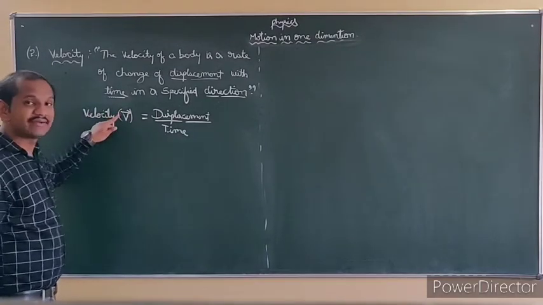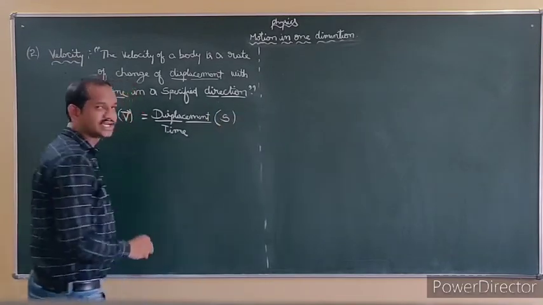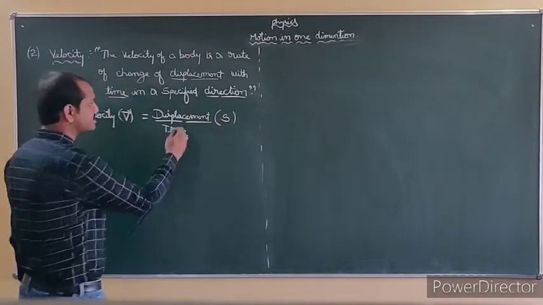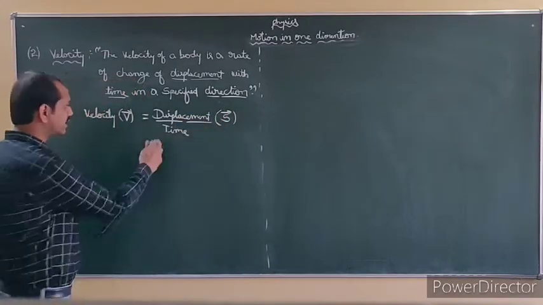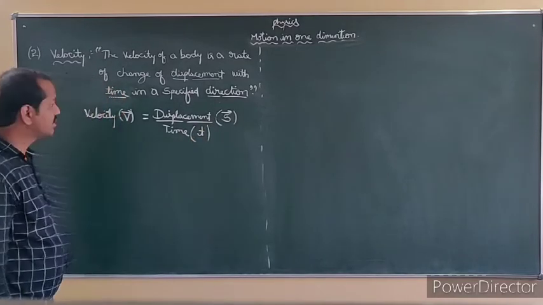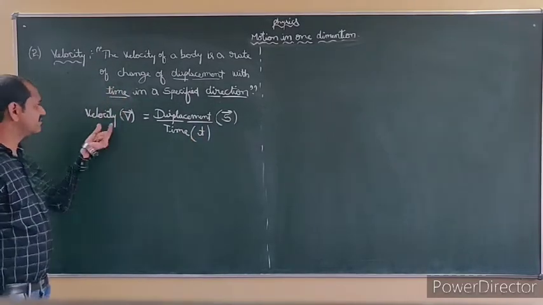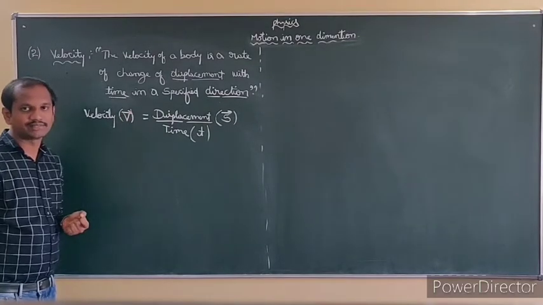Why? Since it is a vector quantity. What about the displacement? For displacement, I should write an arrow mark since it is a vector quantity. And what about time? One more thing you need to understand: velocity is denoted with the letter V and an arrow mark above it.